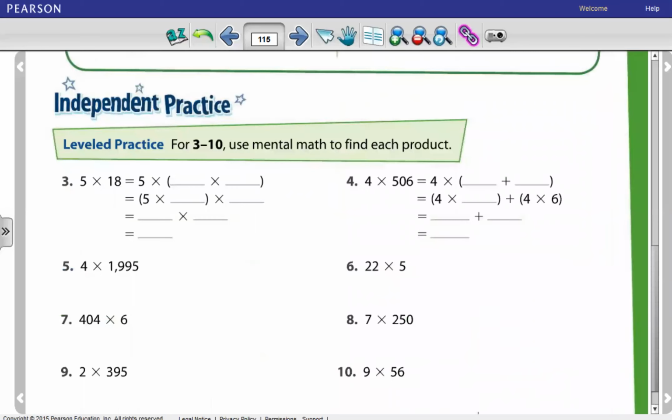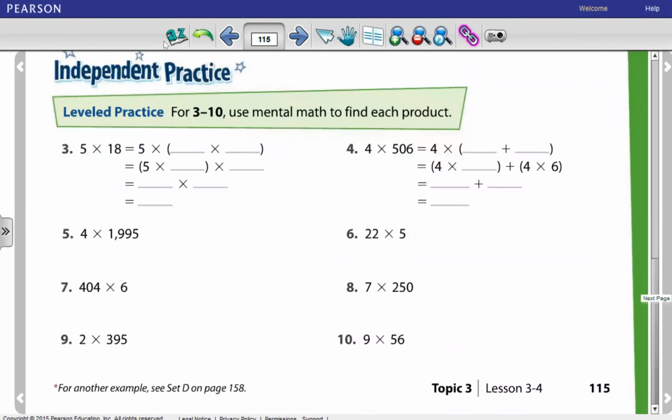Let's move here to solve some problems. For example, question number 3. 5 times 18 equals 5 times... What are two numbers that if you multiply them, give me 18? You can choose 6 times 3 or 9 times 2.